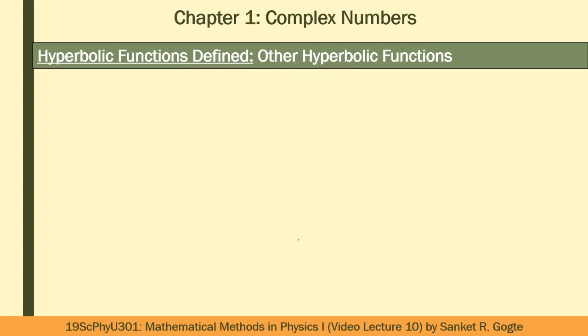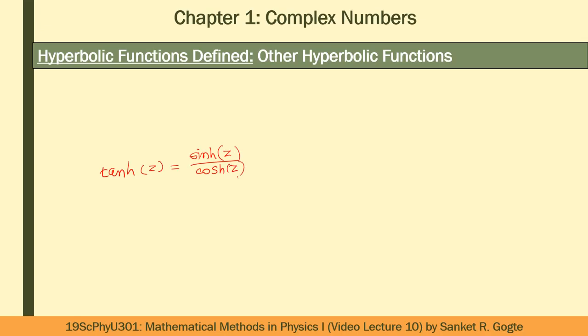Now once these two hyperbolic functions are defined, we can define hyperbolic tan, which we can write as tanh of z, which is equal to sinh z by cosh z.